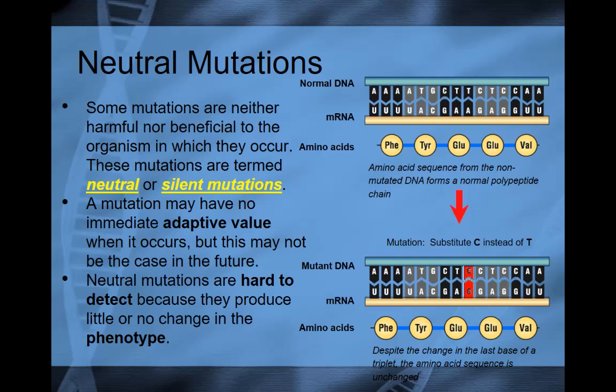So when we take a look at this example, you see in that third triplet, CTT, the mutation occurs that replaces that second T with another C. So now we have CTC. This changes the mRNA from GAA to GAG, which, if you look at your codon wheel, produces the same amino acid.